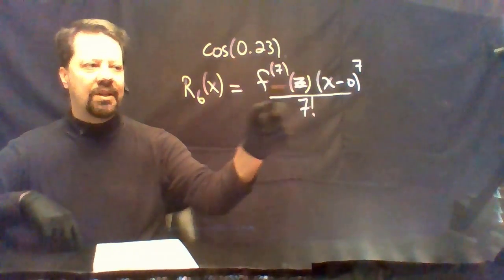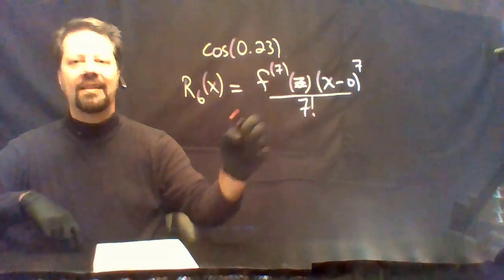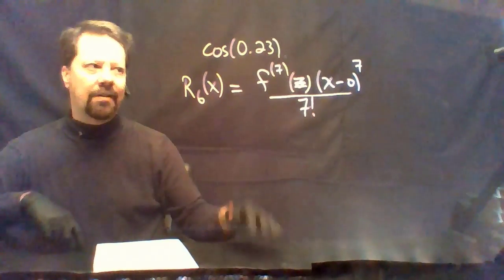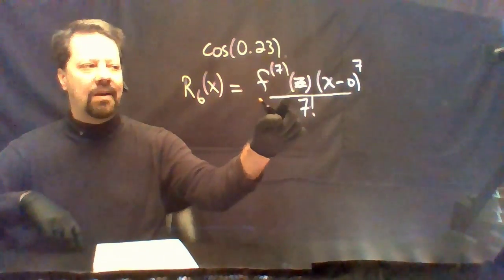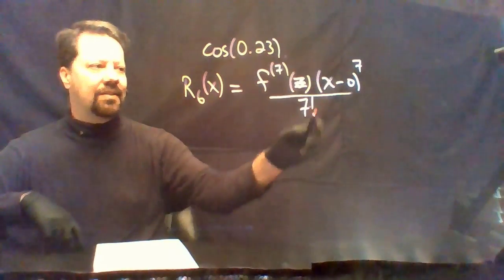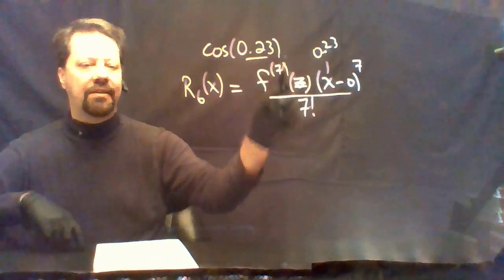Now, the 7th derivative of cosine is going to involve something like plus or minus sine. We don't know exactly where this number z is, just that it's between x and 0. X in this case is 0.23.